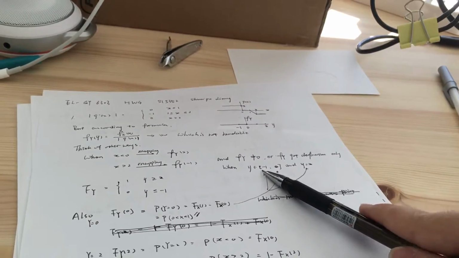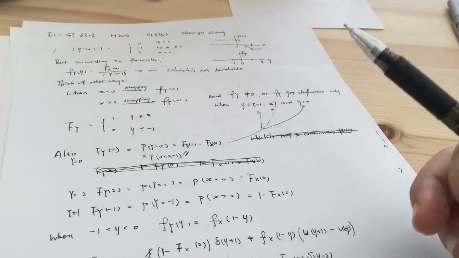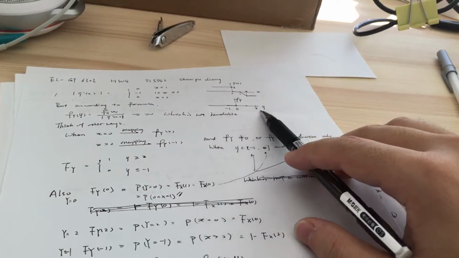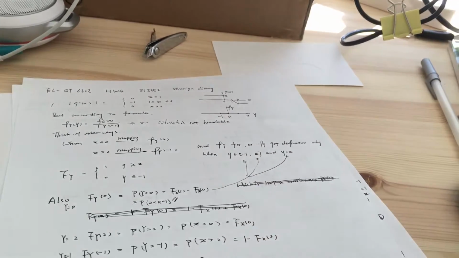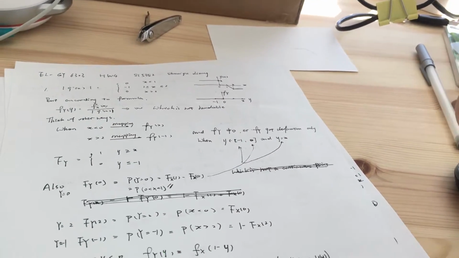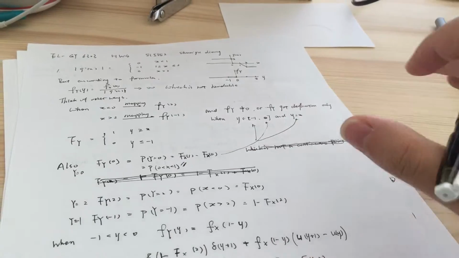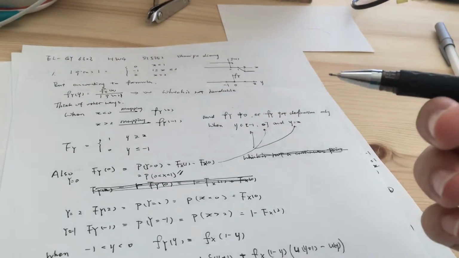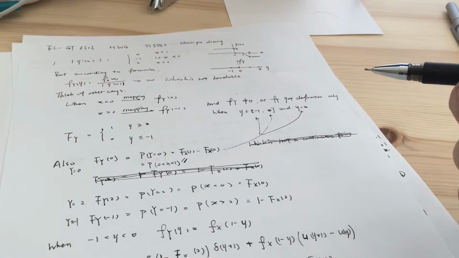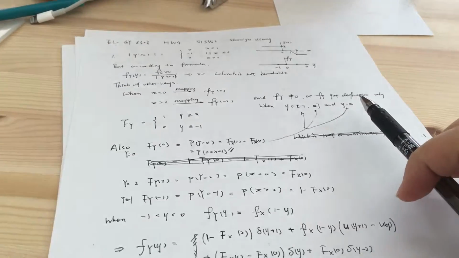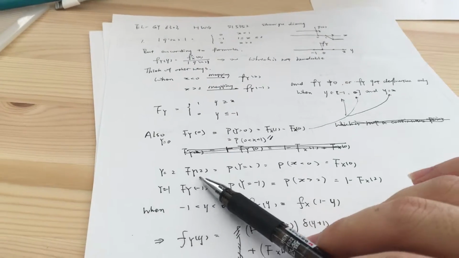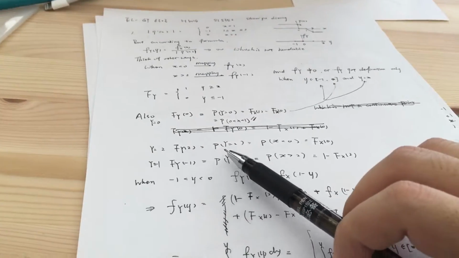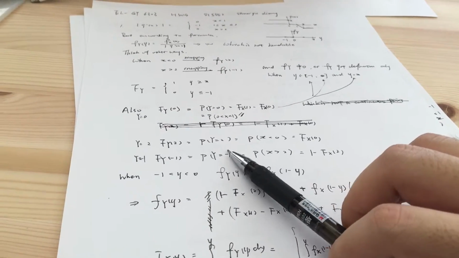Think about these three very special points: y equals minus 1, y equals 0, and y equals 2, which are all a starting point or end point of an interval. So at these points the random variable y is not continuous. Next we figure out y equals 2, which is the probability that y equals 2.